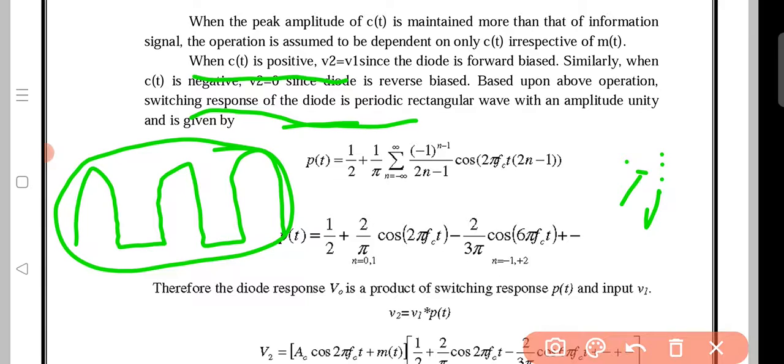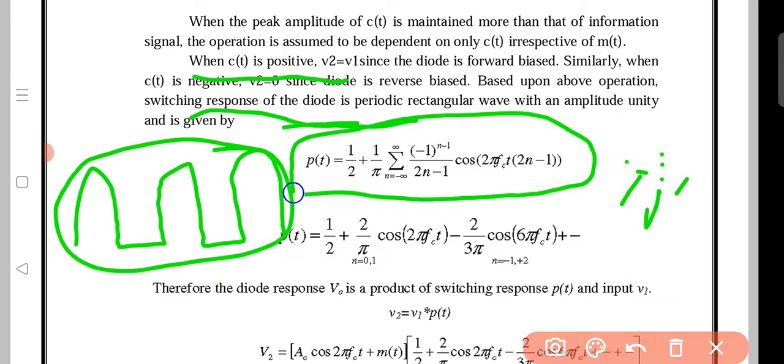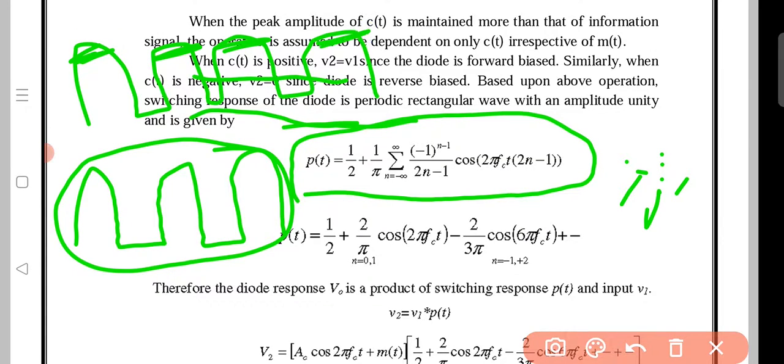This is also a pulse train, just like pulses with some spikes here. It is not a pure pulse, but it is similar to the periodical rectangular pulse. So it is a pulse train.